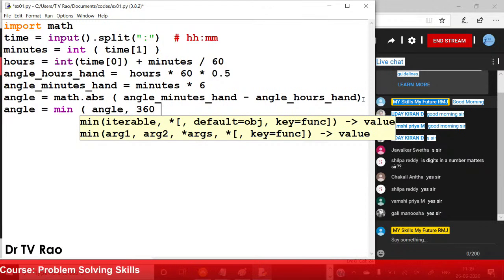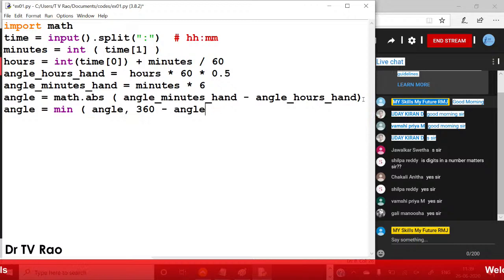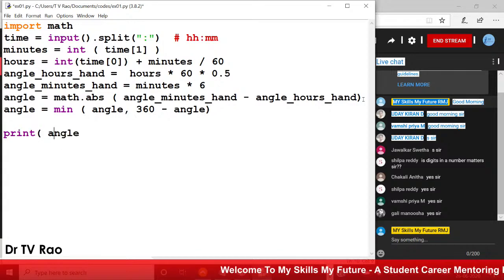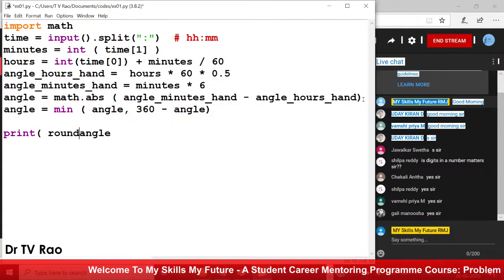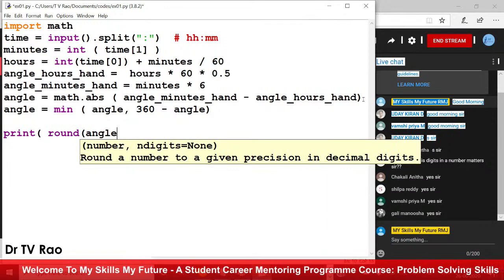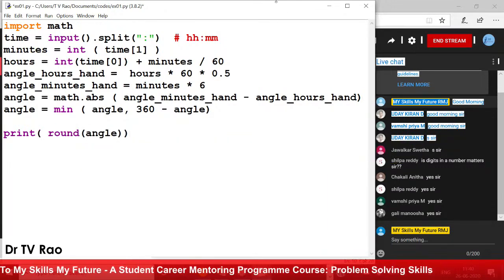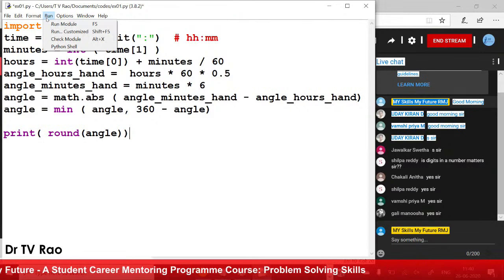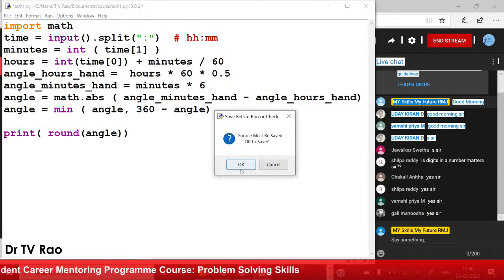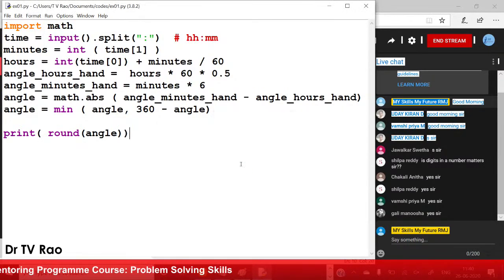Two positions, two possibilities. Now print the angle, and before doing it, if you want only degrees as a whole number, you just round it and print. Okay, say 11:45.